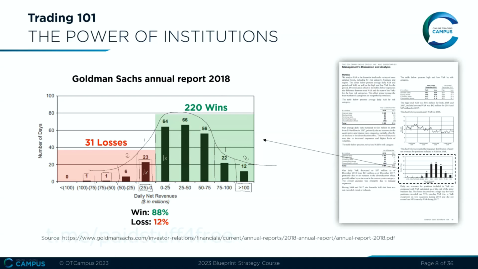They are also making 25 millions of profit. And this happens more times than they lose, they win. However, this would be a risk to reward of 1 to 1, because for every $25 million they risk, they make $25 million, or for every dollar they risk, they make $1.